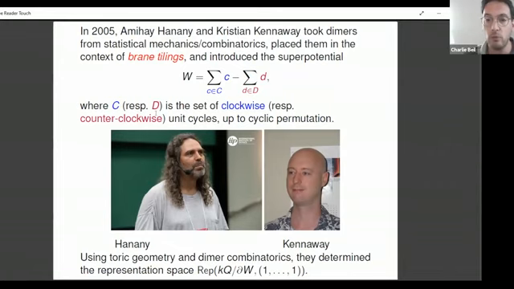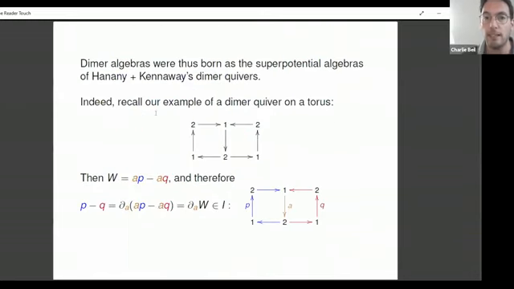And using these tools, they determined the representation space of the superpotential algebras with dimension vector all ones. Dimer algebras were thus born as the superpotential algebras of Hanany and Kennaway's dimer quivers.